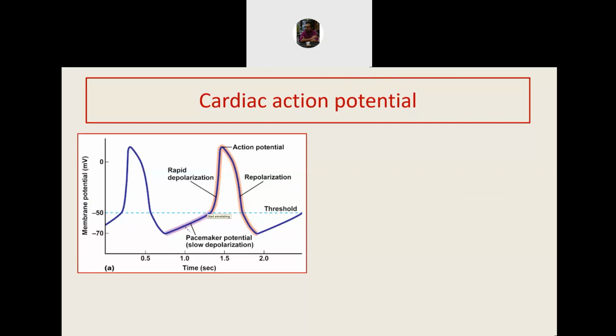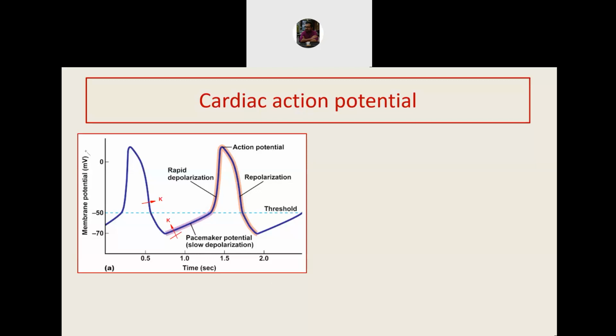So what happens during this pacemaker potential? We know that during the repolarization phase, potassium ions were going out. As potassium ions were going out, the cell was becoming more and more negative. Towards the beginning of the next action potential, there is slowing down of the potassium efflux. So the first event that happens is that the potassium efflux becomes more and more slow, so positive charge increases in the cell and it starts becoming positive.